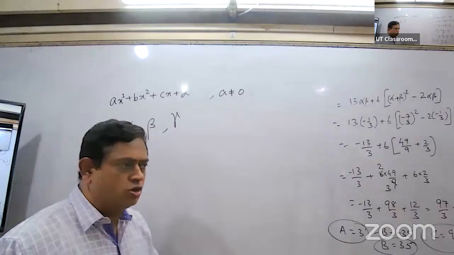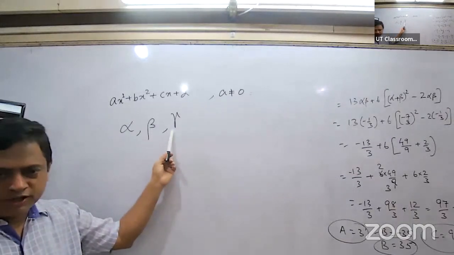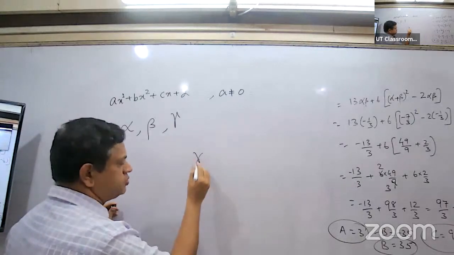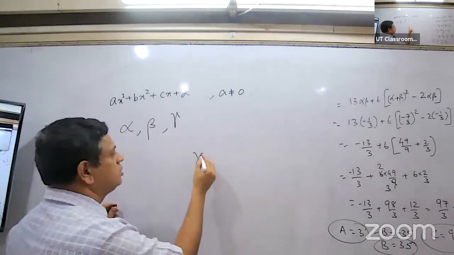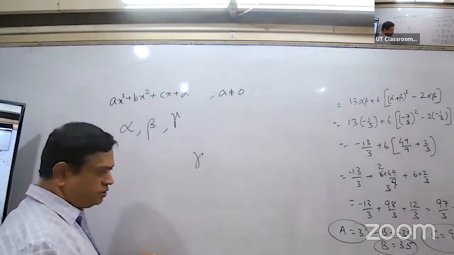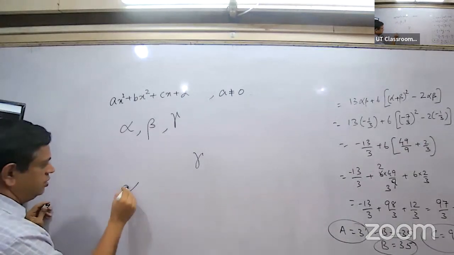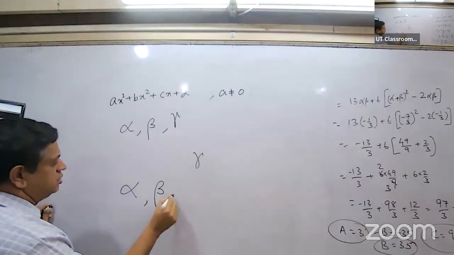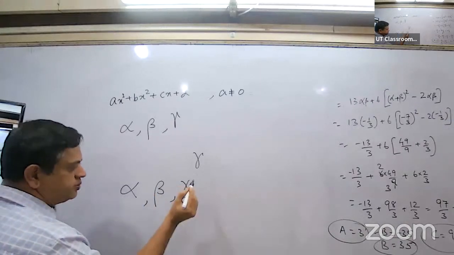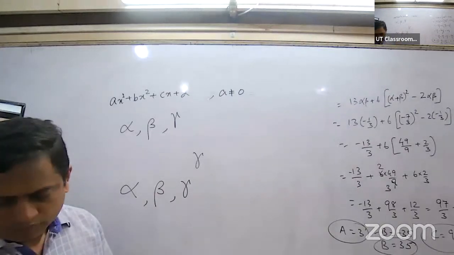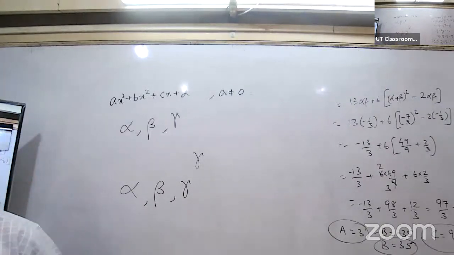The 3 zeros are denoted by the letter R, this way also you can write, or alpha, beta, gamma, you can put it a little lower also, that is enough.